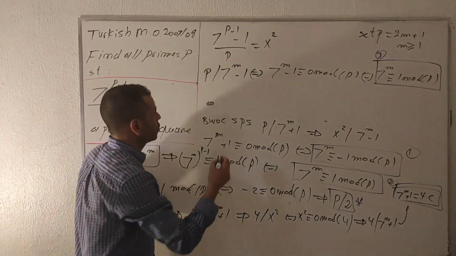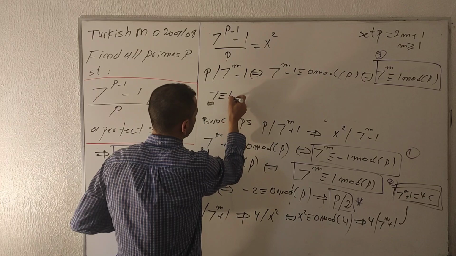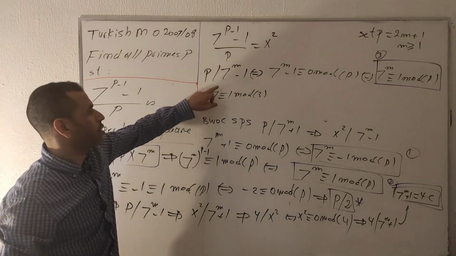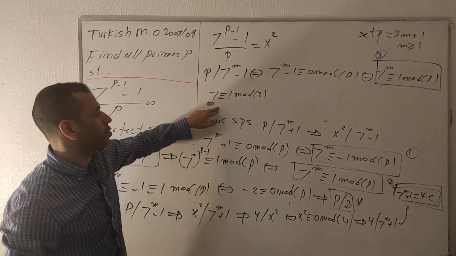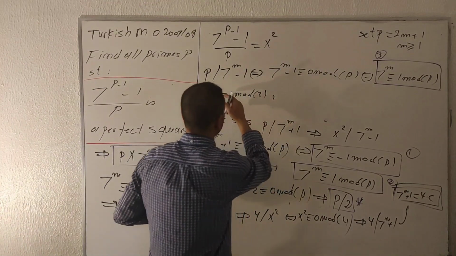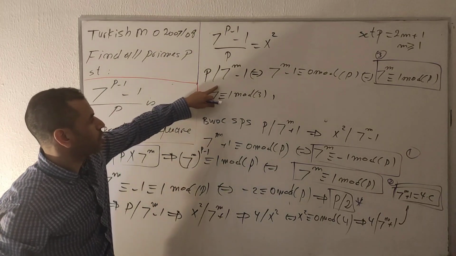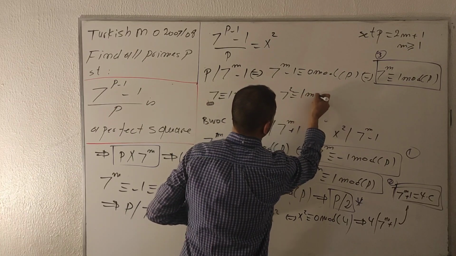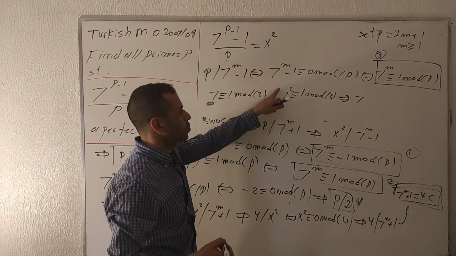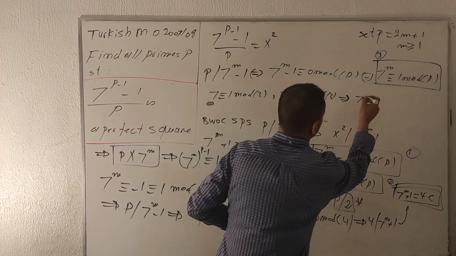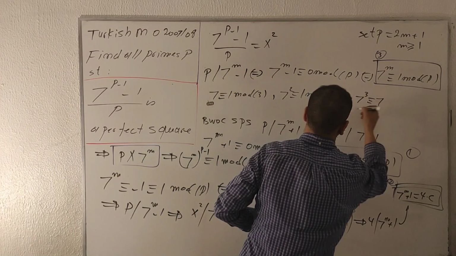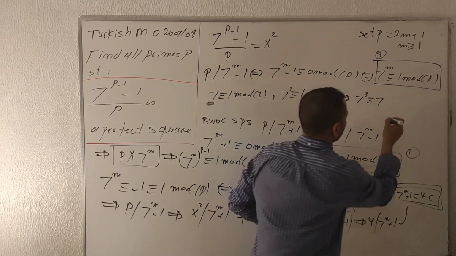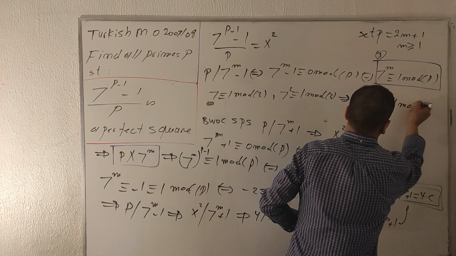In addition, we know 7 is congruent to 1 mod 3, because this difference 7 minus 1 is divisible by number 3. So by raising number 2 as a power on both sides, I will get 7 squared is congruent to 1 mod 3, and by multiplying by number 7 on both sides, I will get 7 cubed is congruent to 7, which is 1 more than 6, which is congruent to 1 mod 3.